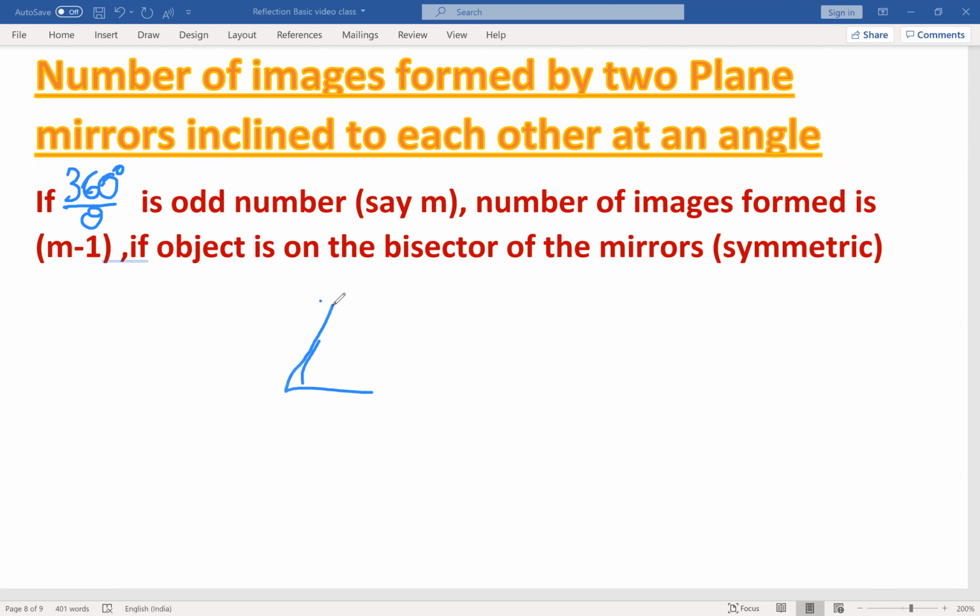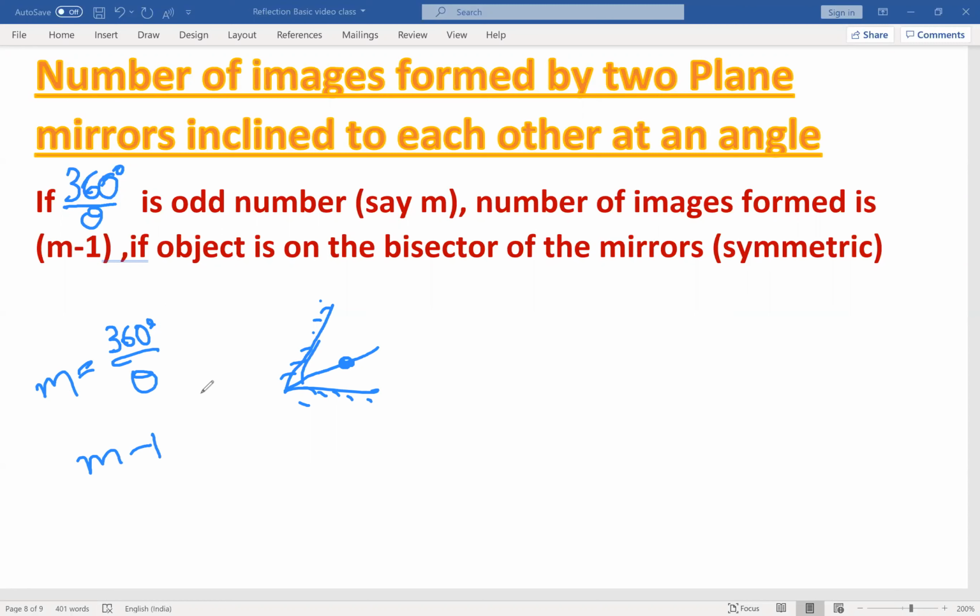These are the two plane mirrors, one, two. This is the bisecting line. The object is here, exactly on the bisecting line. Then, if 360 by theta is odd, then m minus 1 will be the number of images.